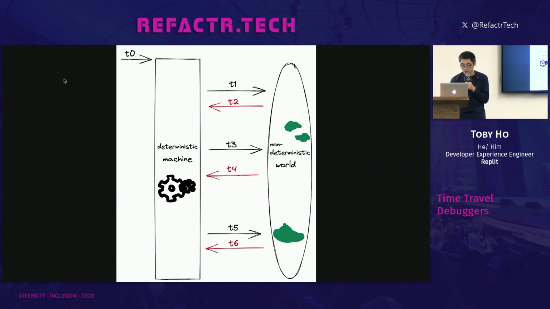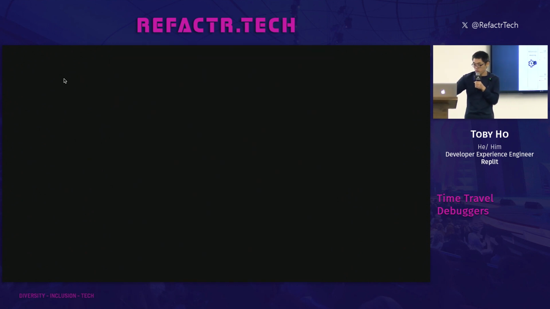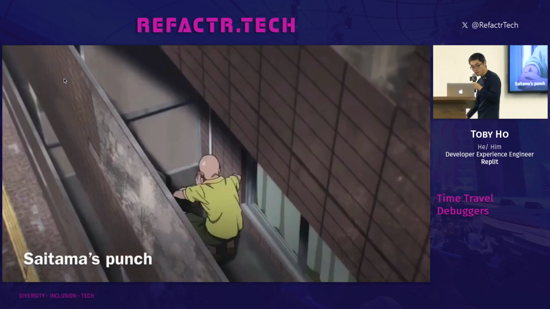So in the first run, we run the program in record mode. And then when you're debugging the program, you're going to play it in replay mode. And what you notice is when we're running it in replay mode, everything about the system is deterministic, which means no more Heisenbugs.